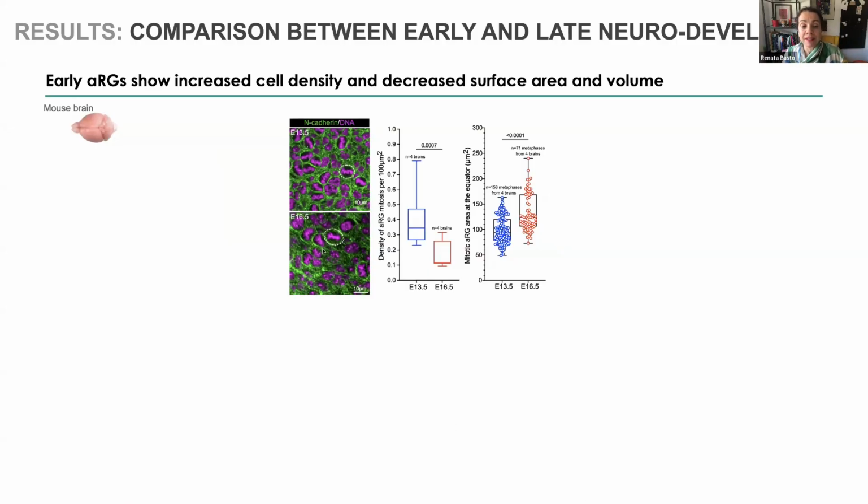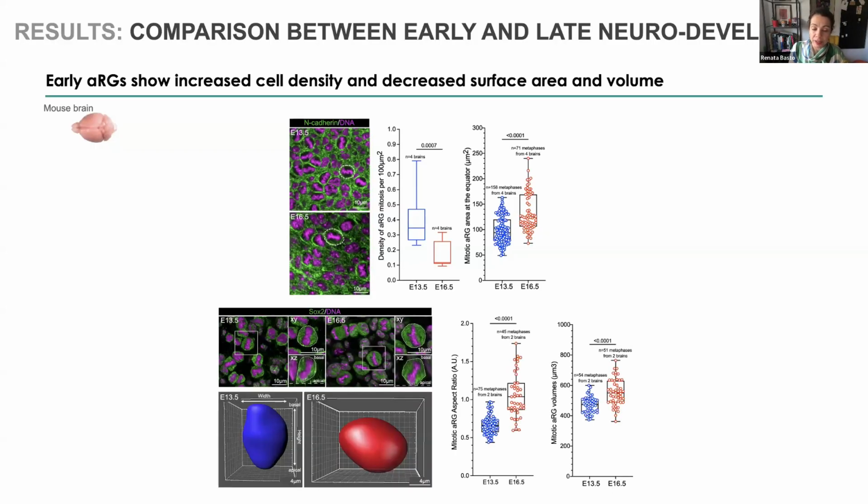And also, almost evidently, there is a higher surface area at later stages, because at later stages cells have started to undergo asymmetric divisions so that they can generate progenitors or differentiated cells that leave the ventricle area, and so there's more space for these cells to occupy this ventricular area.